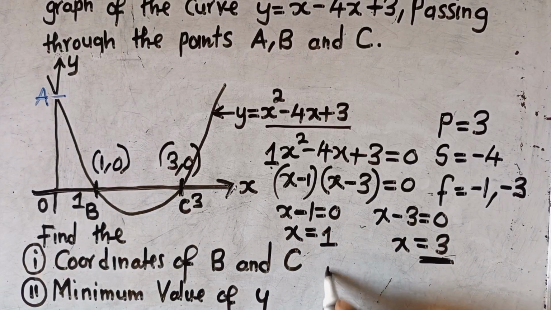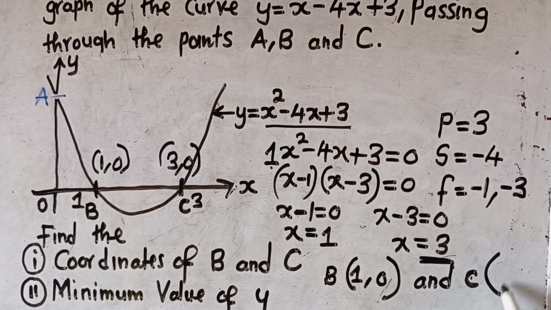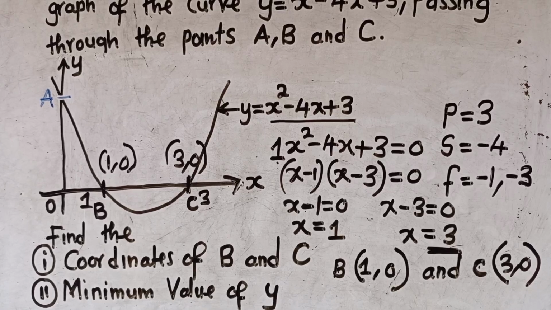So you just conclude the coordinates for B is 1, 0. And the coordinates for C, it is what? 3, 0. This is what you are supposed to do. You are done. So you are answering this particular question based on the information that you already know. And this is what you are supposed to do.